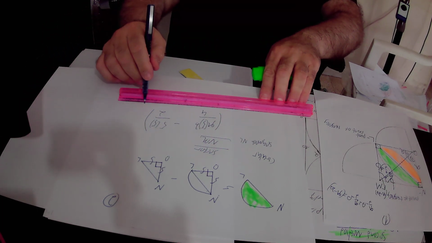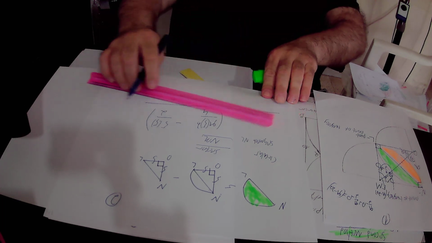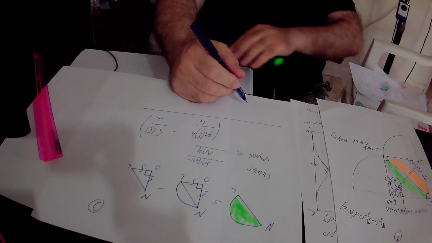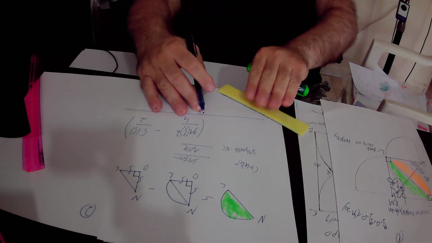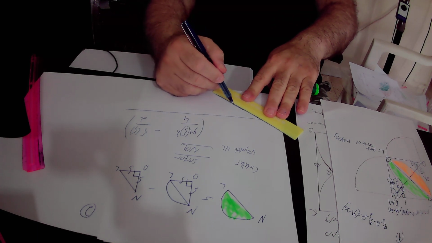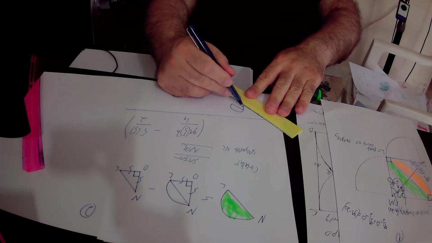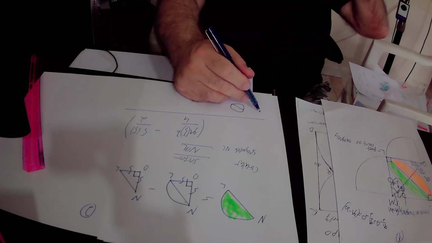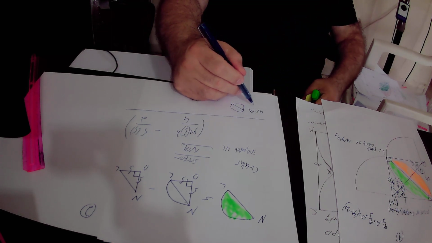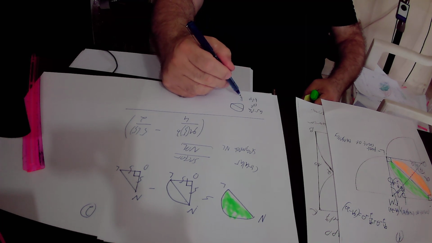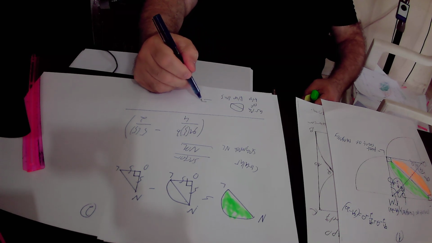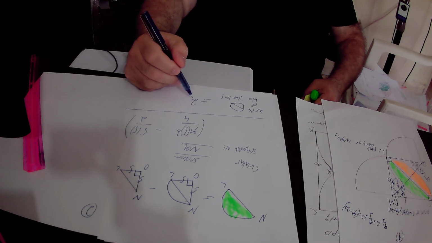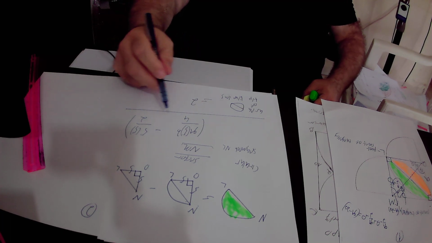Now we have to multiply the area of circular segment NL in order to find out the area of the blue lens. So the area of the blue lens will be equal to twice, 2 times the area of this circular segment.